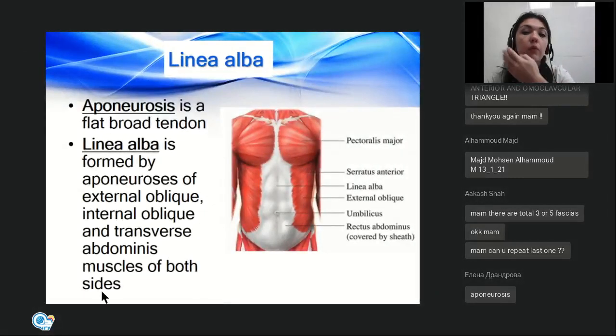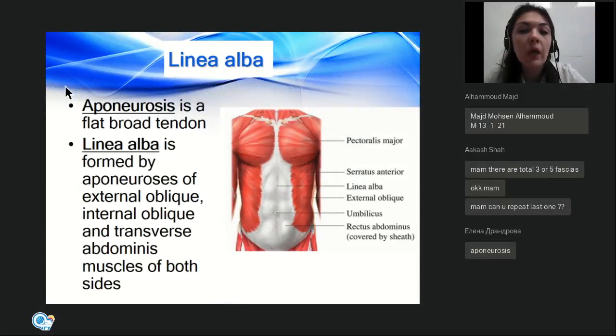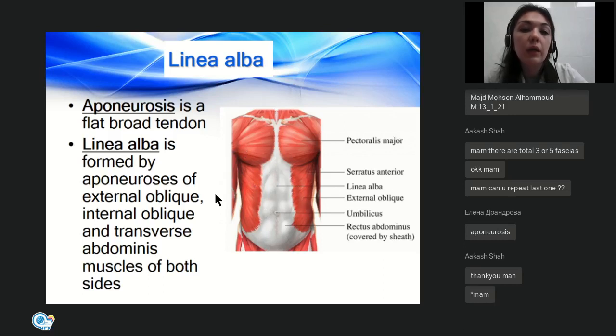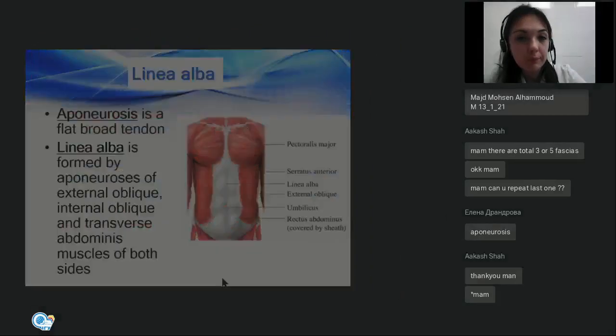Here it is. So that's it. Aponeurosis. It is a flat, broad tendon. And linea alba in the very middle is formed by aponeurosis of external oblique, internal oblique, and transverse abdominis muscles of both sides. Here you can see it.